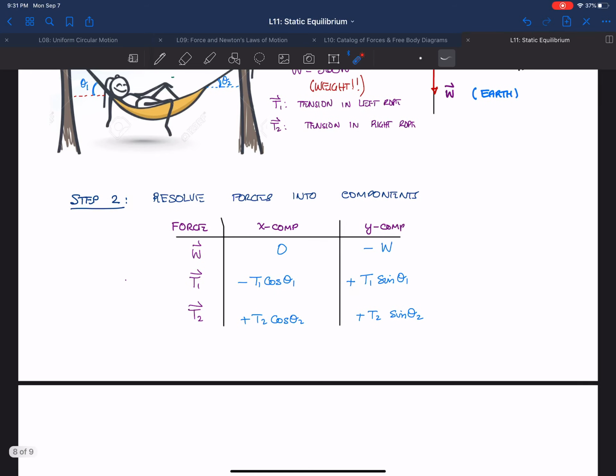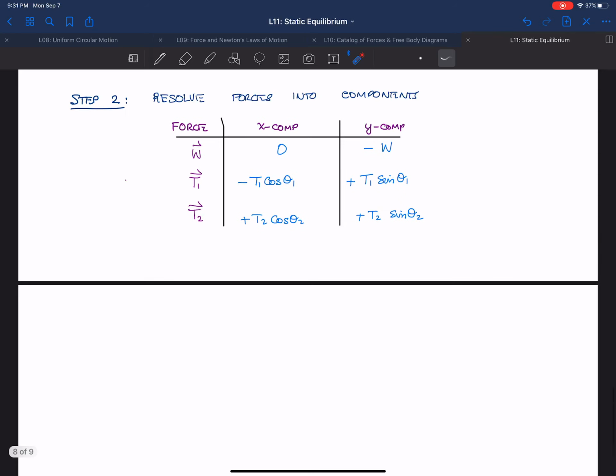So once you've resolved all the forces into the components, then we move on to step 3, where we're going to write down the net force acting. The x component of the net force is minus T1 cosine theta 1 plus T2 cosine theta 2.